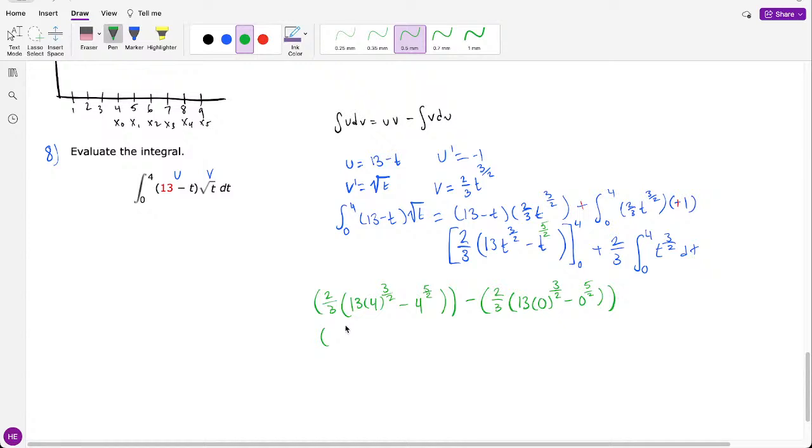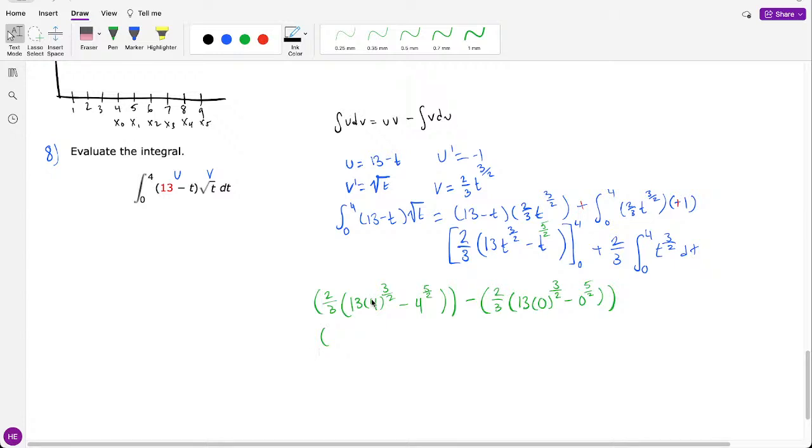Let's try and simplify this a little. So 4 to the 3/2 power is 8.